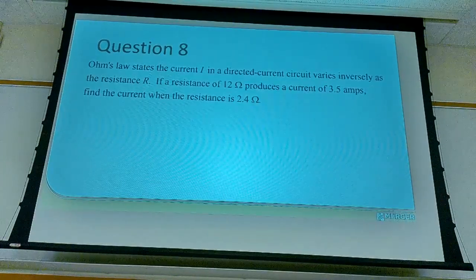Ohm's law states the current I in a direct current circuit varies inversely as the resistance R. If a resistance of 12 ohms produces a current of 3.5 amps, find the current when the resistance is 2.4 ohms.